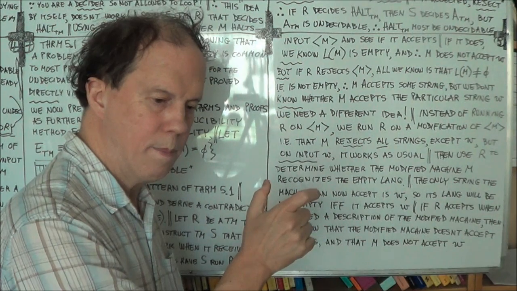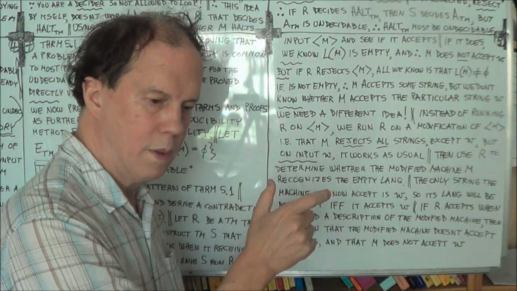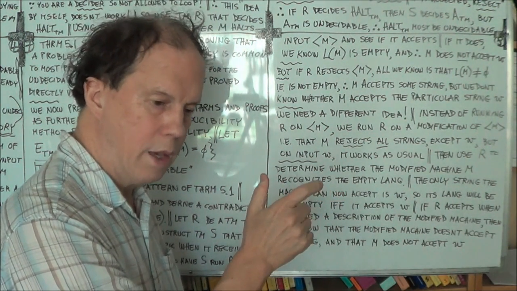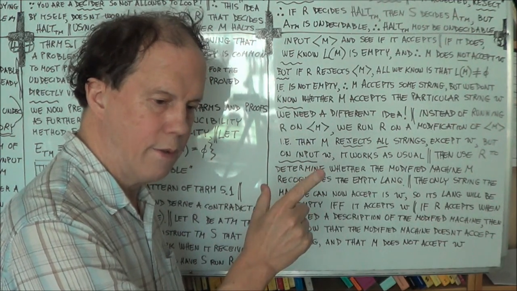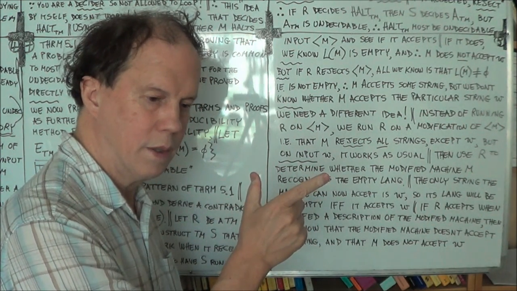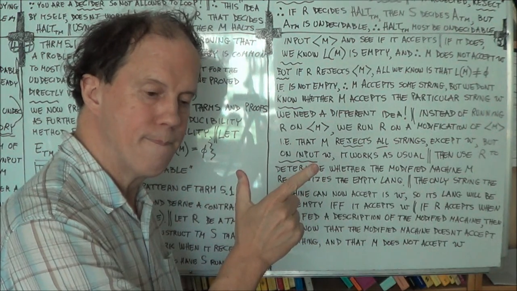So if M accepts W, have S accept. If M rejects W, have S reject.